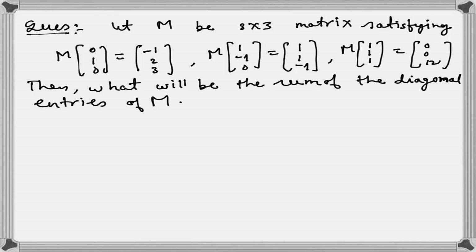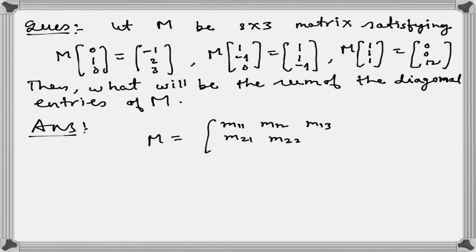So let's solve this problem. Suppose M is given by M11, M12, M13, M21, M22, M23, M31, M32, M33.